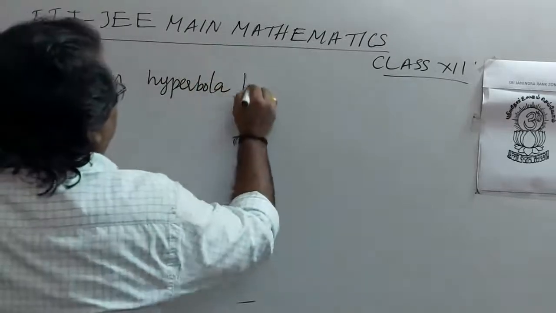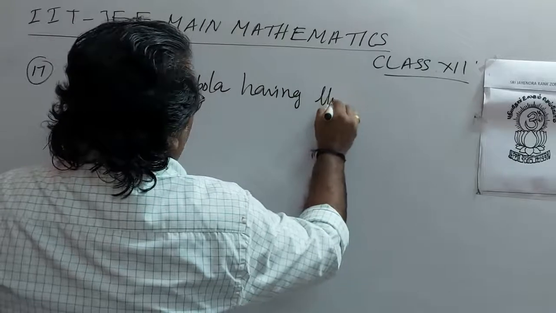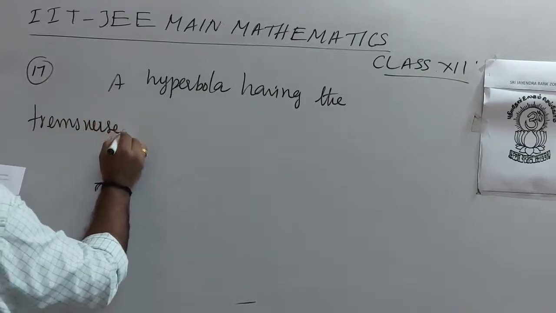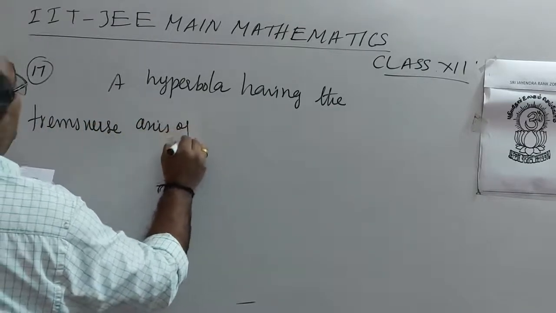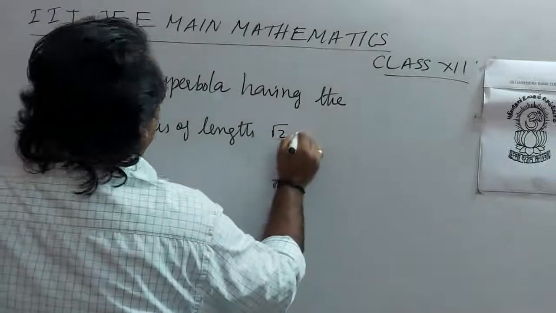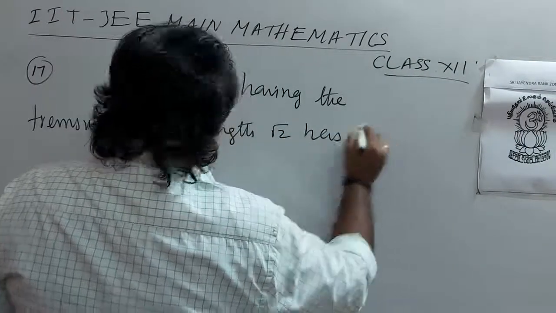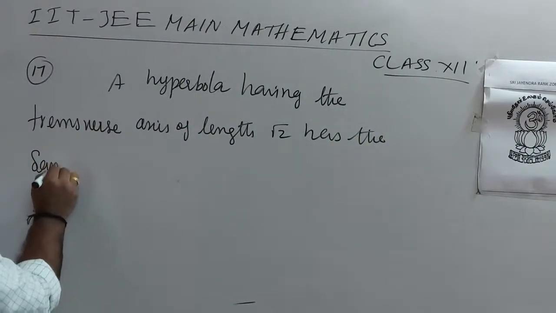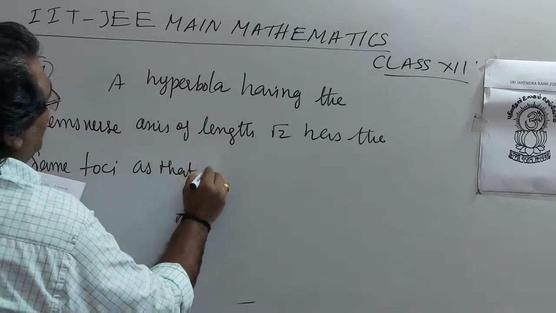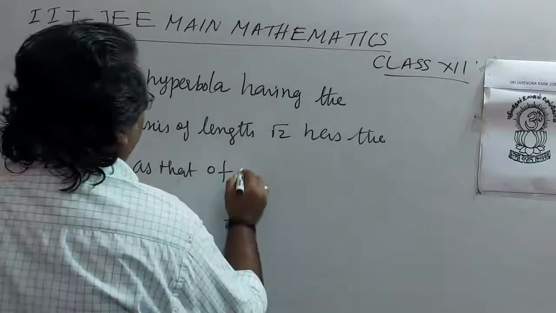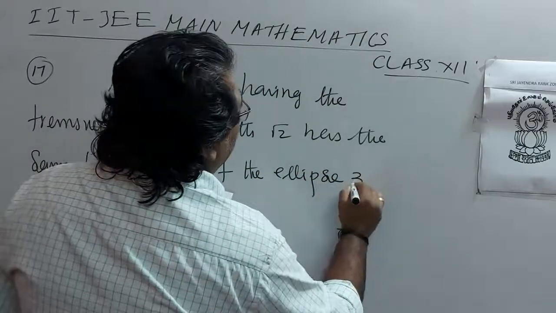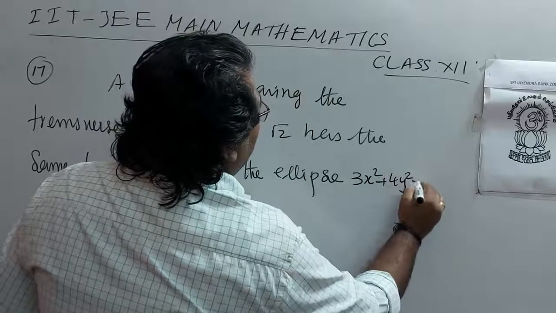A hyperbola having transverse axis of length root 2 has the same foci as the ellipse 3x square plus 4y square equal to 12.